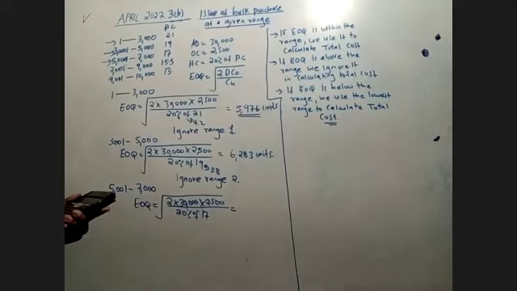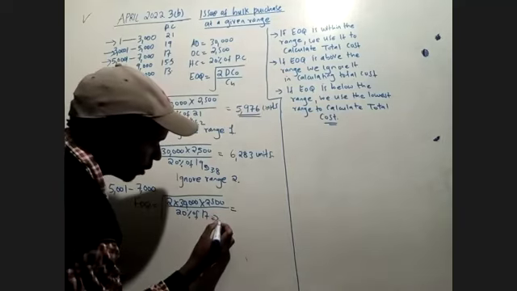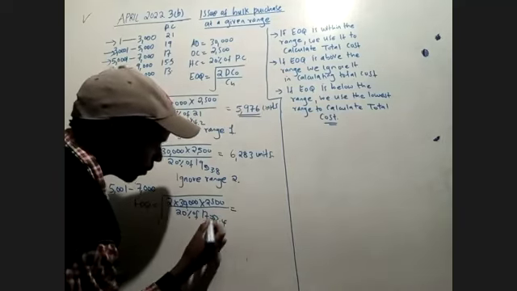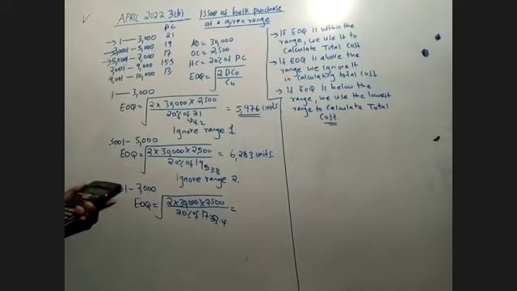So 20% of the lower one times 17 gives us 3.4. So it will be 2 times 30,000 times 2,500 divided by 3.4, then square root.